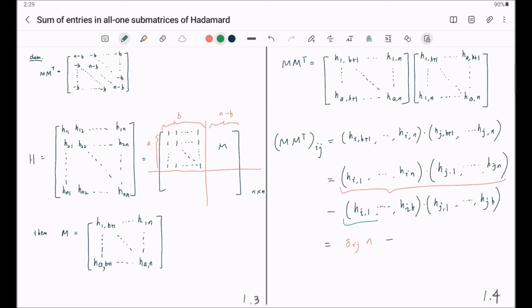And this part is always B, because we are taking entries from here. They're all 1s.